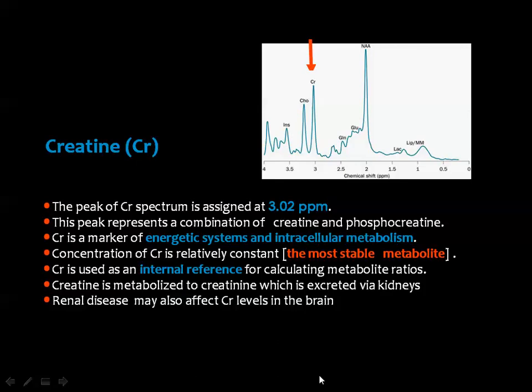Then we come to the second peak, which is creatine, and creatine is present at 3.02 ppm, and this is a marker of the energetic system and intracellular metabolism.